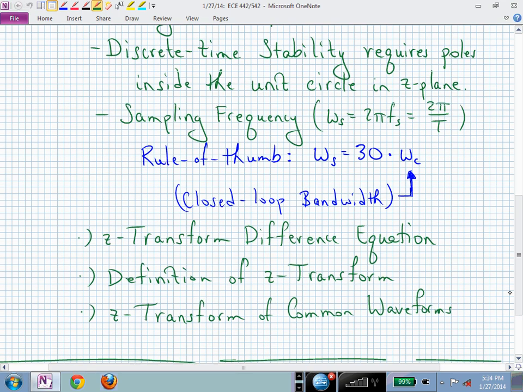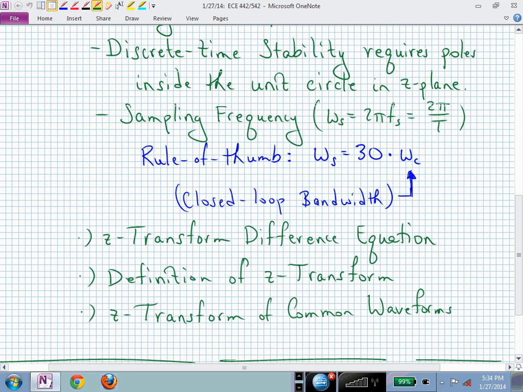If somebody simply asks you to select a sampling period, capital T, then a very nice rule of thumb is to just say, I need to sample 30 times the closed loop bandwidth. That will make more sense, but right now I want you to just focus on that rule of thumb. If somebody says pick a sampling period, you'll say, I need to make that 30 times the closed loop bandwidth of my system.